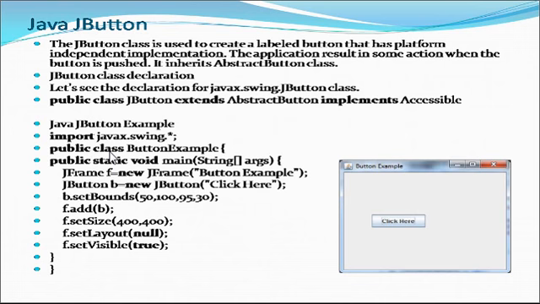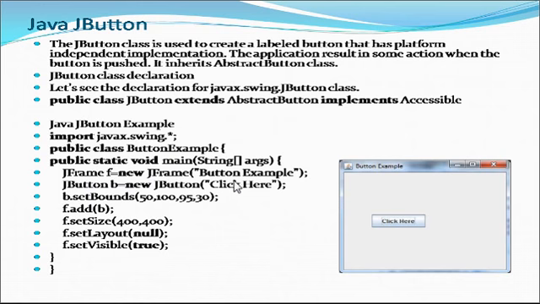Let's take an example of JButton. Firstly, we import the package for Swing, import javax.swing. Let's take a class named ButtonExample, with the main method, and create an instance of the JFrame class.